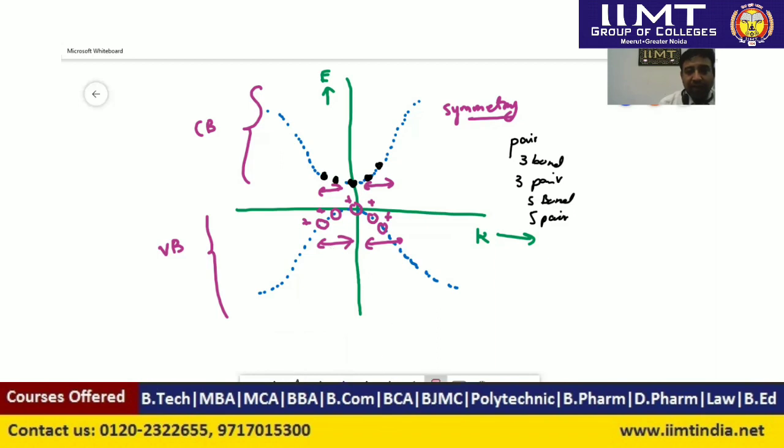If we want to draw unsymmetrical, so I'm going to rub this. Okay, so now 3 electrons get moved here, and if we erase a hole also, I just want to show how uneven distribution looks like.